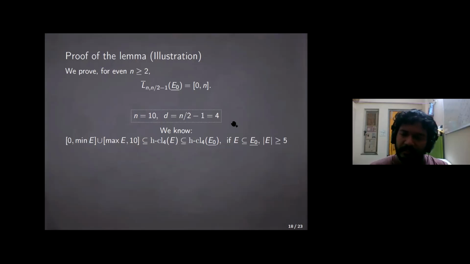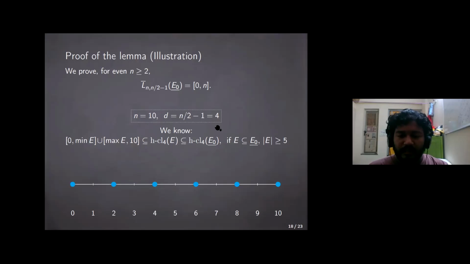The initial lemma that we proved using the Alon-Füredi bound says that for any subset E of size at least 5, everything from 0 to the minimum and everything from the maximum to 10 must be in the degree 4 hyperplane closure. Right. So let's start with this representation. The set of even layers in a 10-dimensional hypercube is this: 0, 2, 4, 6, 8, 10.